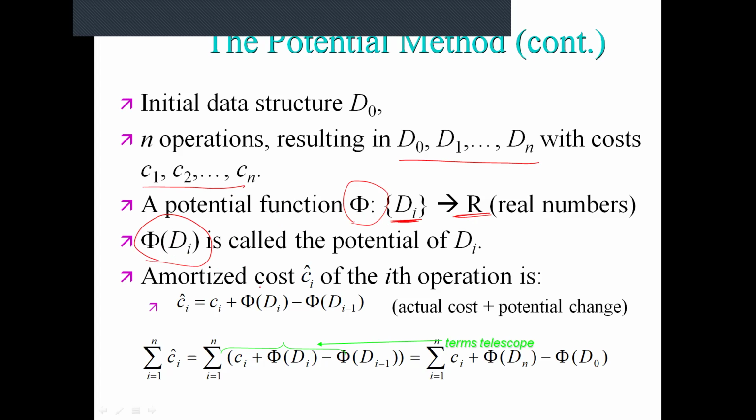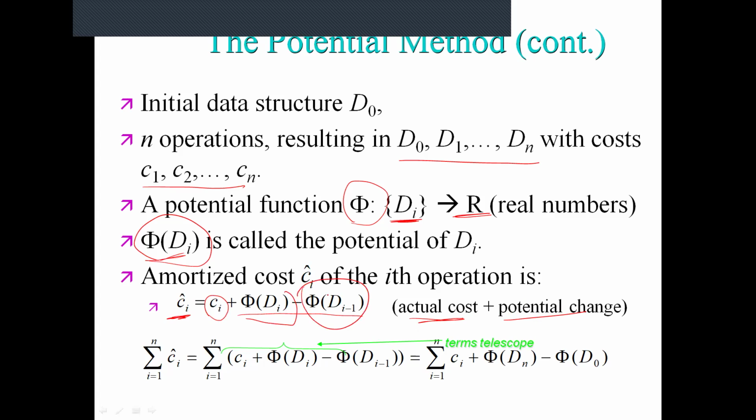So if you're trying to find the amortized cost of the i-th operation, C-hat of i is nothing but the actual cost plus the change in potential energy. Whatever is the actual cost currently for the data structure, plus the change in potential energy.